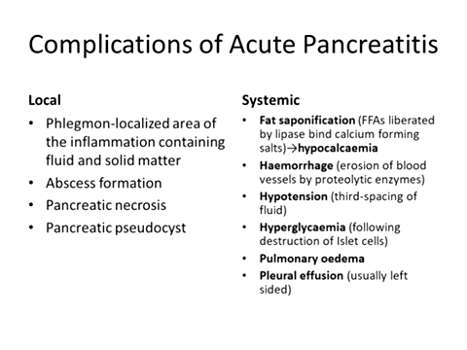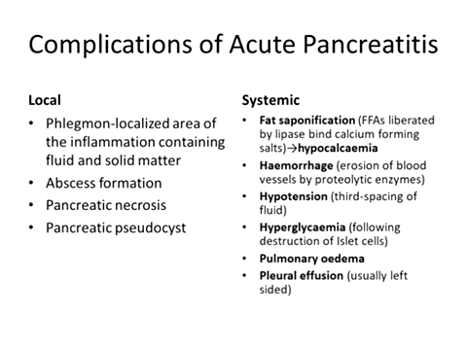The complications of acute pancreatitis can be divided into local and systemic. The local complications are those that are confined to the gland itself. Phlegmon refers to a localized area of inflammation that contains both fluid and solid matter.